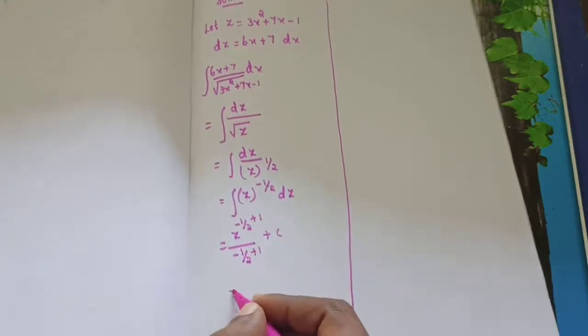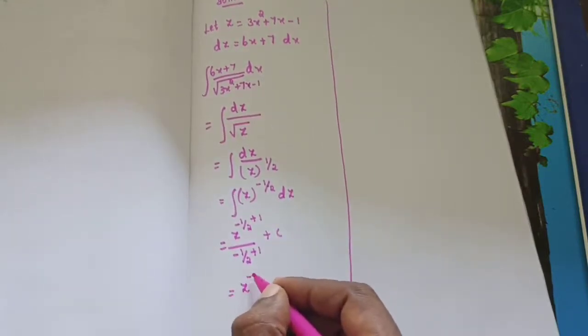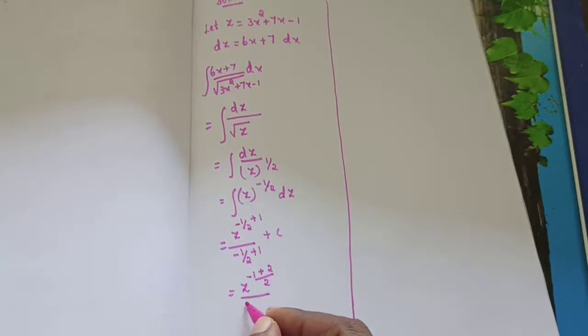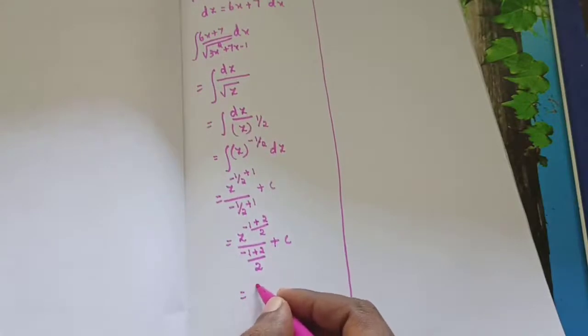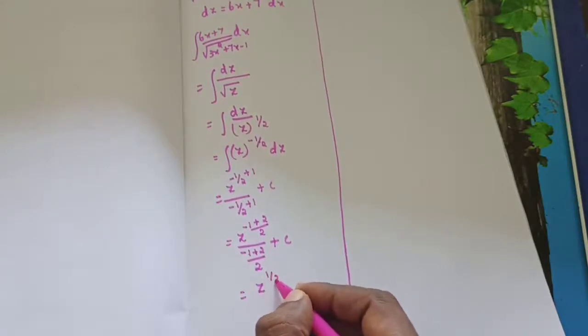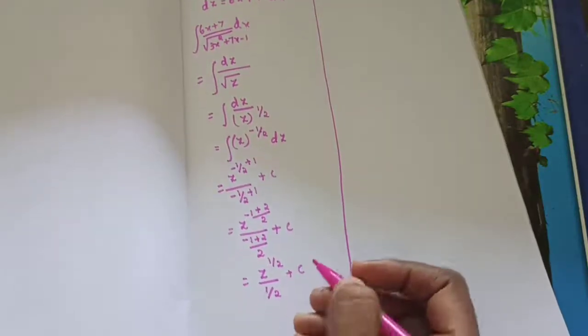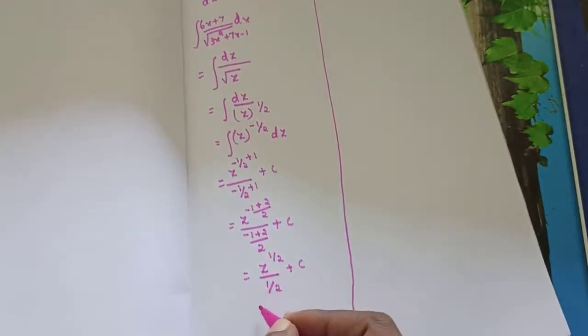That's equal to z power (minus 1 plus 2) by 2 divided by (minus 1 plus 2) by 2, plus c. So what's the value we'll get here? z power 1 by 2 divided by 1 by 2, plus c. Shall we bring this over? So what will happen? 2 into root of z plus c.